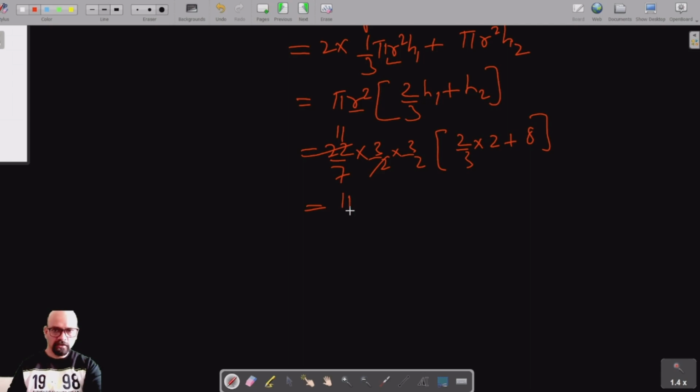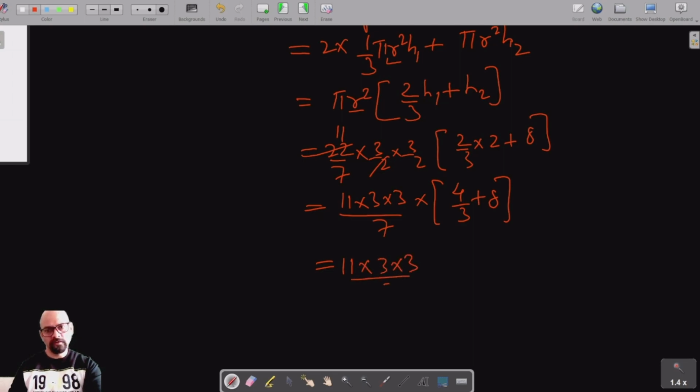So this is 11 into 3 into 3 by 7 into, this is 4 by 3 plus 8. So this is equal to 11 into 3 into 3 by 7 into, this is 3, 4 and 8, 3s are 24. Which gives us 11 into 3 into 3 by 7 into 28 by 3.